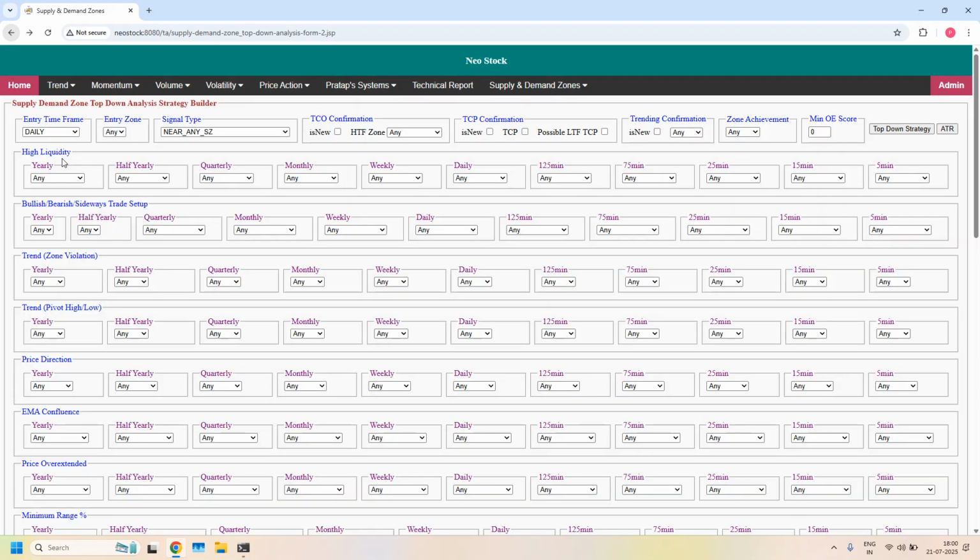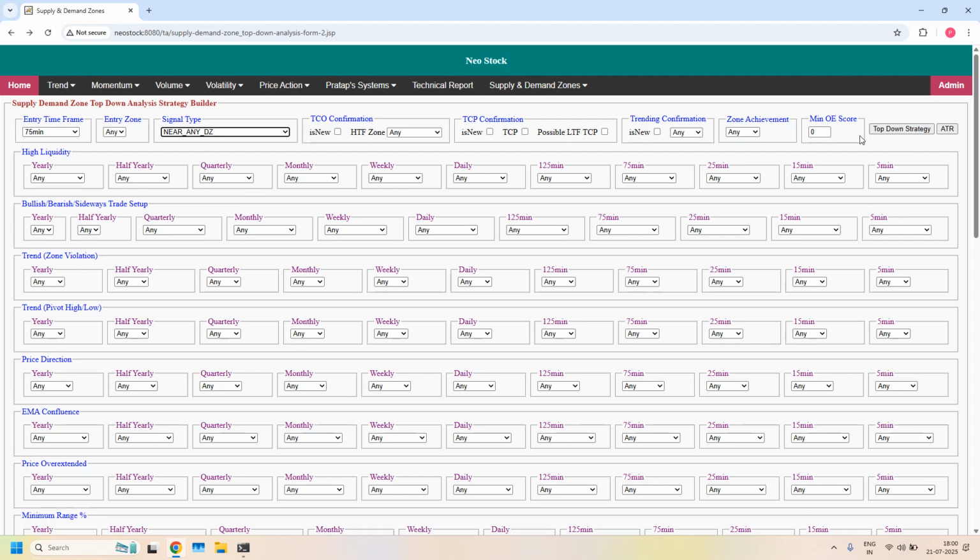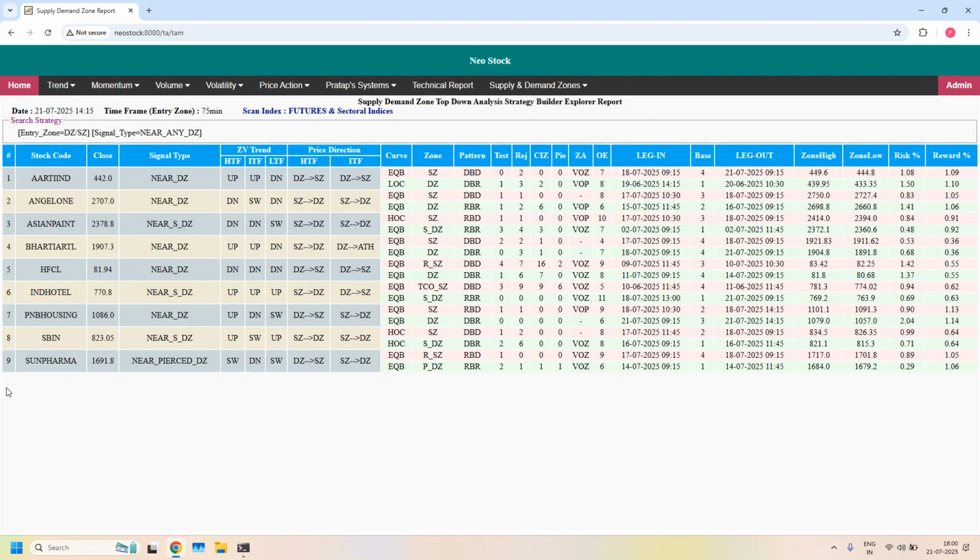Okay, next time frame is 75 minutes. Stocks near the 75 minutes demand zone. We got 9 stocks. So let us identify 75 minutes high liquidity demand zones from this list. Asian Paint is having a 75 minutes high liquidity demand zone.